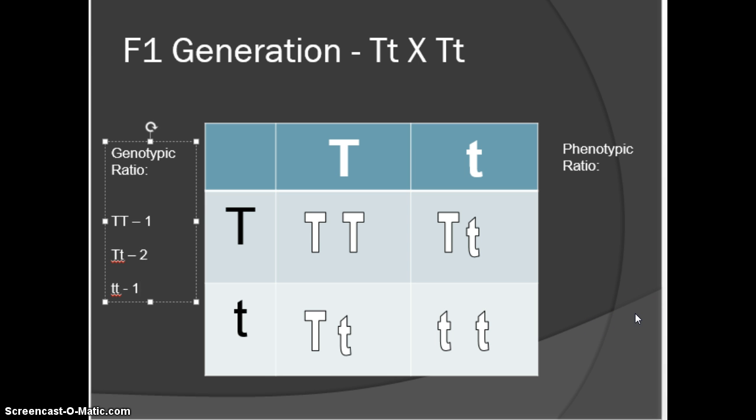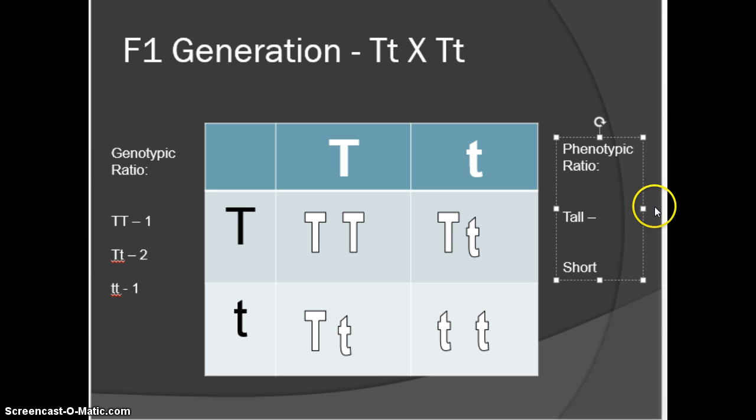The genotypes for the offspring would be we'd have one that is homozygous for the dominant, one that is homozygous for the recessive, and one that's the hybrid that contains both of those. So what will our plants look like? Remember, capital T was for tall, and lowercase t was for short.